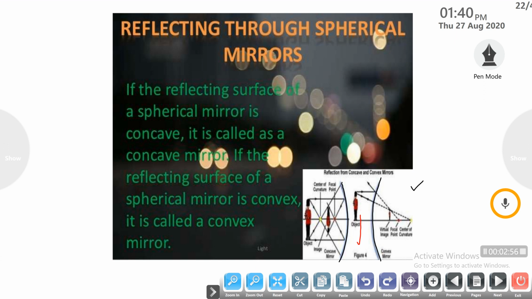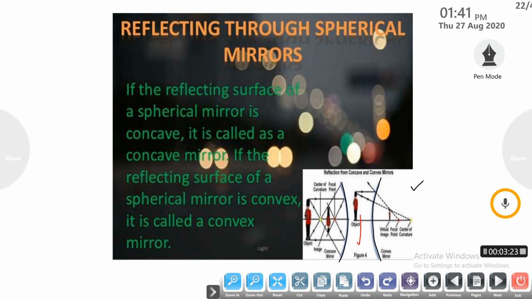The center of curvature is the center of the sphere, because a mirror is generally spherical in shape. So it is the center of the sphere, or we can say the center of the circle. This is the center of curvature of a concave mirror. The focus is the point where all the light rays meet, or from where all the light rays are emitted.